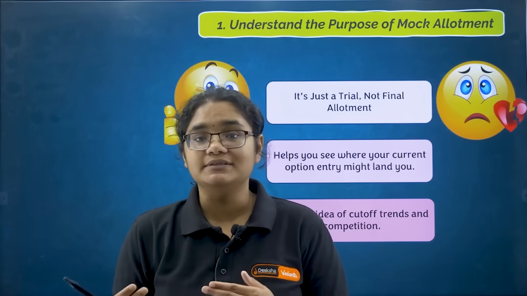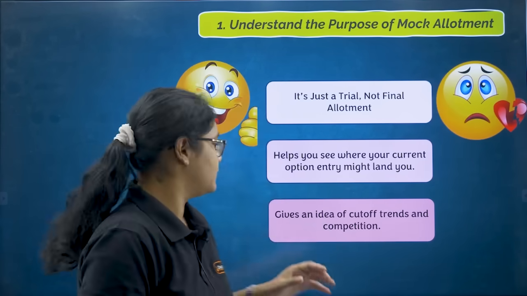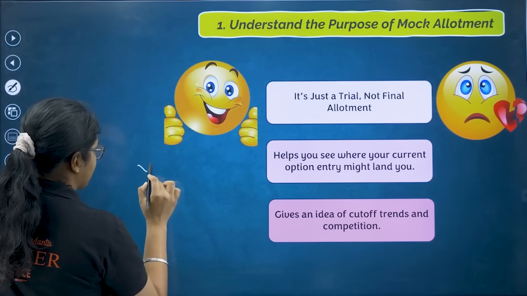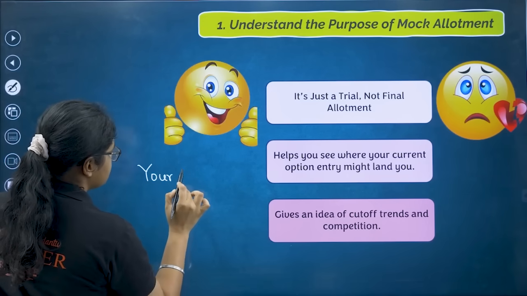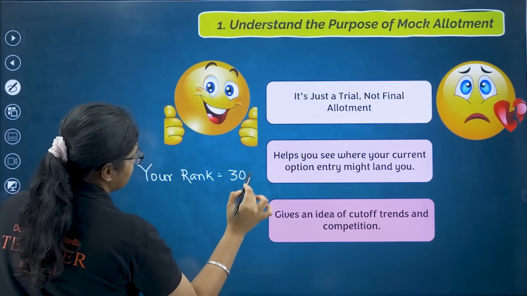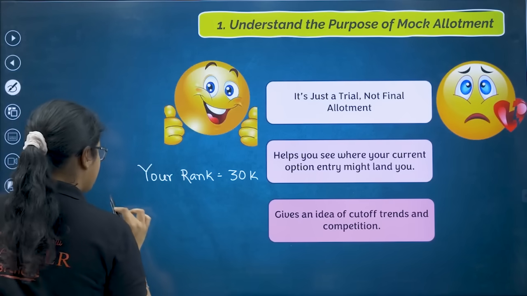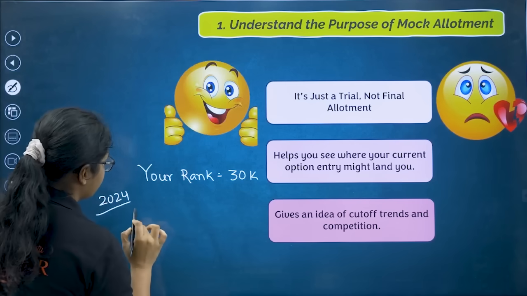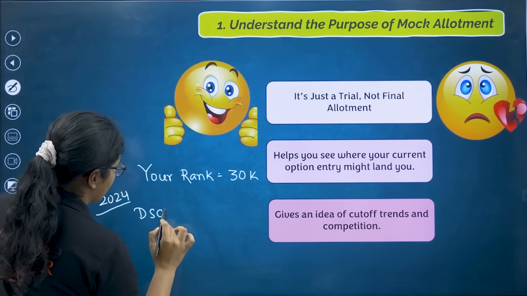Let me give an example by writing. Suppose your rank is 30K, and in 2024 there was a college, for example Dayanand Sagar College of Engineering.